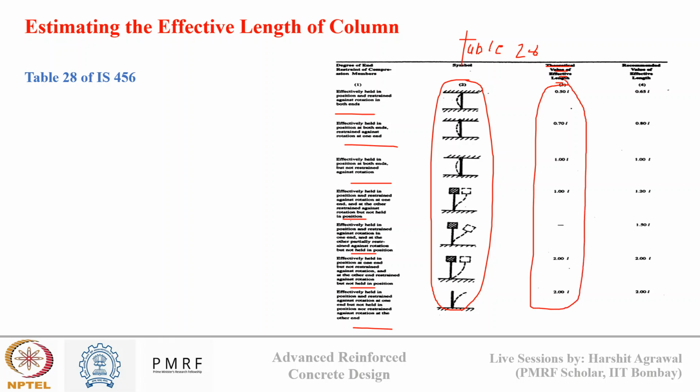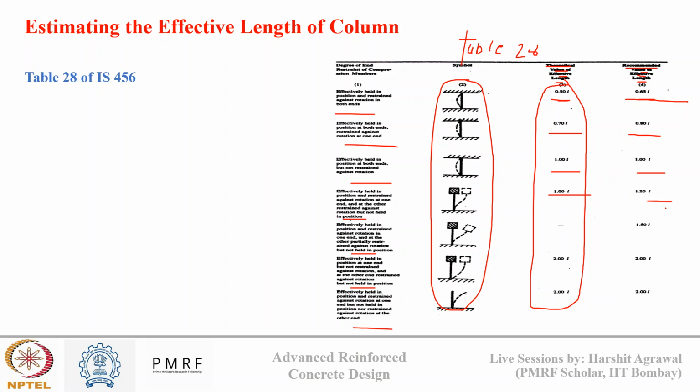But what the code says is, it reports an additional column, which is the recommended value of effective length. This is the theoretical value that we have seen, and this is the recommended value that we need to take. So you can see instead of 0.5 L, the code says to take 0.65 times L. Instead of 0.7, take 0.8. For 1, take only 1. For 1, take 1.2.